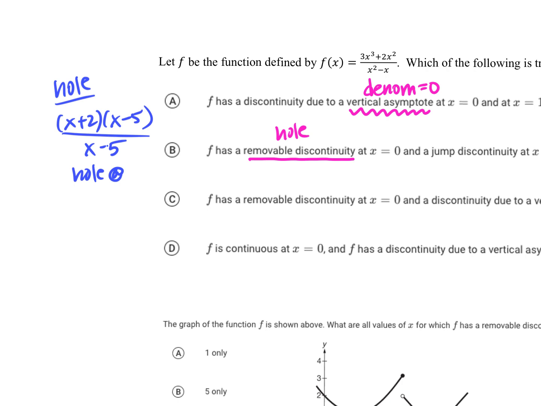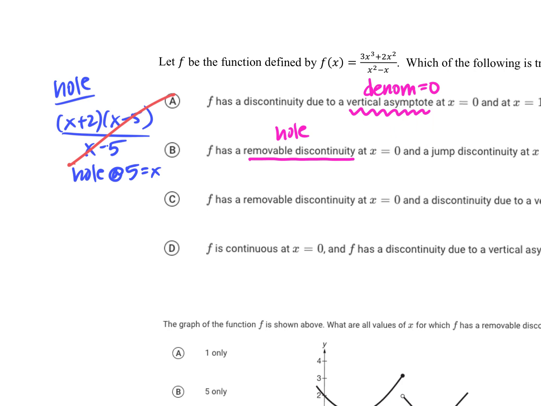When do they equal 0? It'd be at 5. I would then have no vertical asymptote because that hole would cancel out. What's my denominator now? Is 1 ever going to equal 0? No.